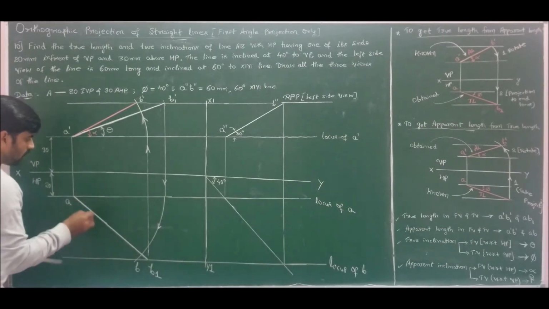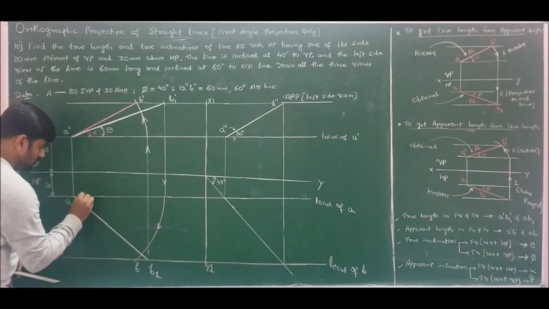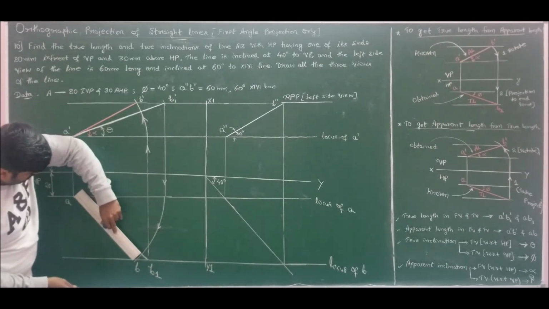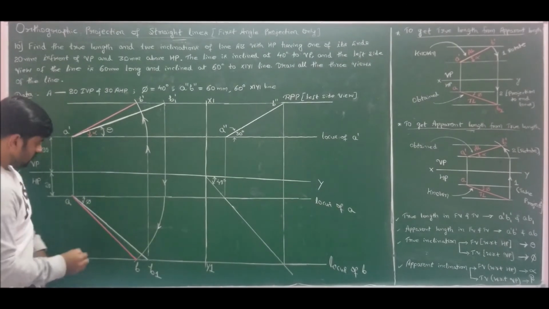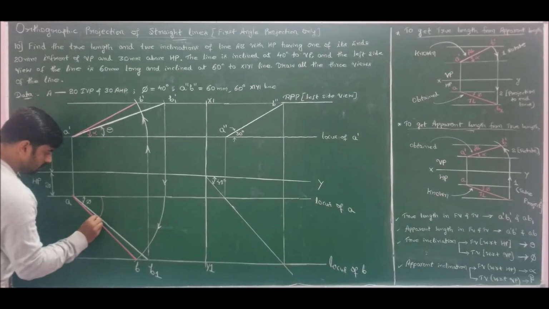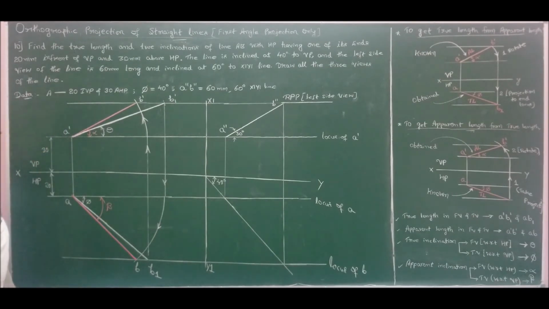Similarly, we already know the value of phi, which is 40 degrees, which I have used to extract the true length, and now joining which I will get the apparent length in top view. This angle is beta. So this completes the solution for the problem.